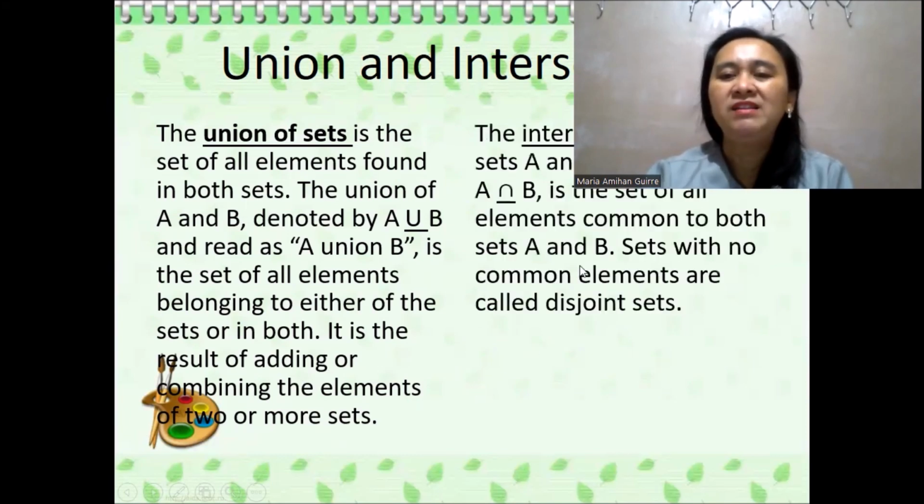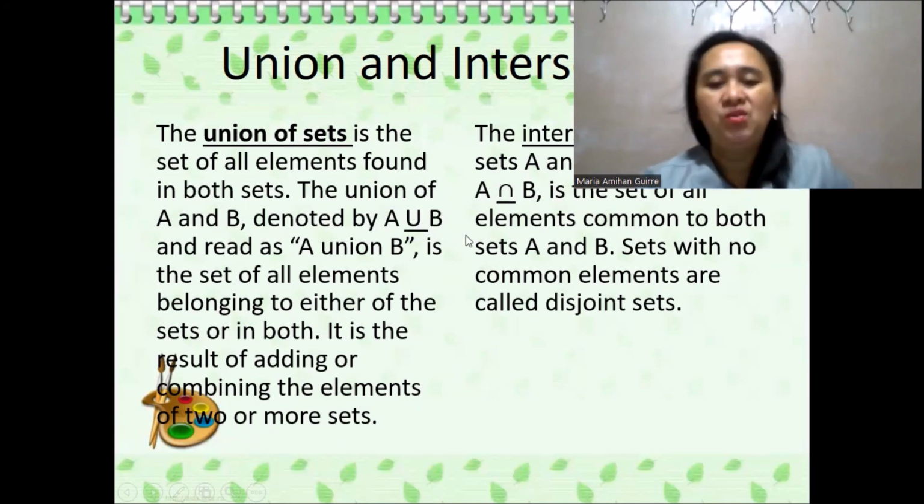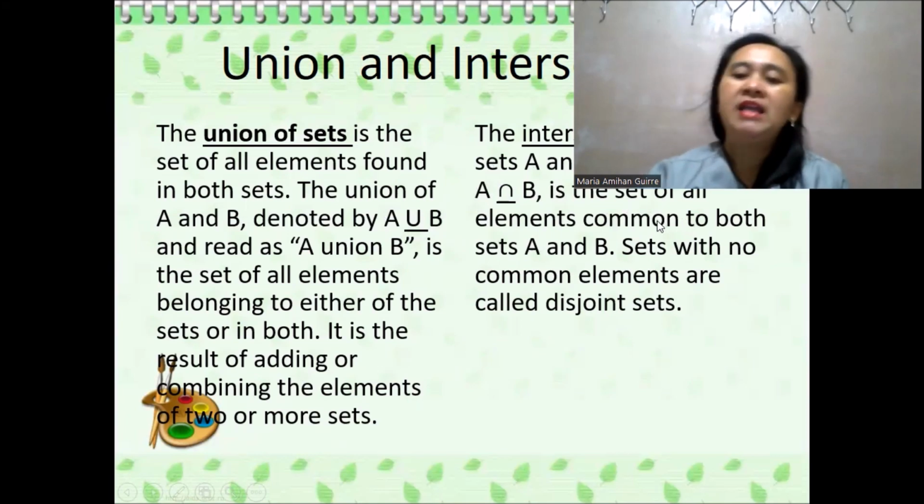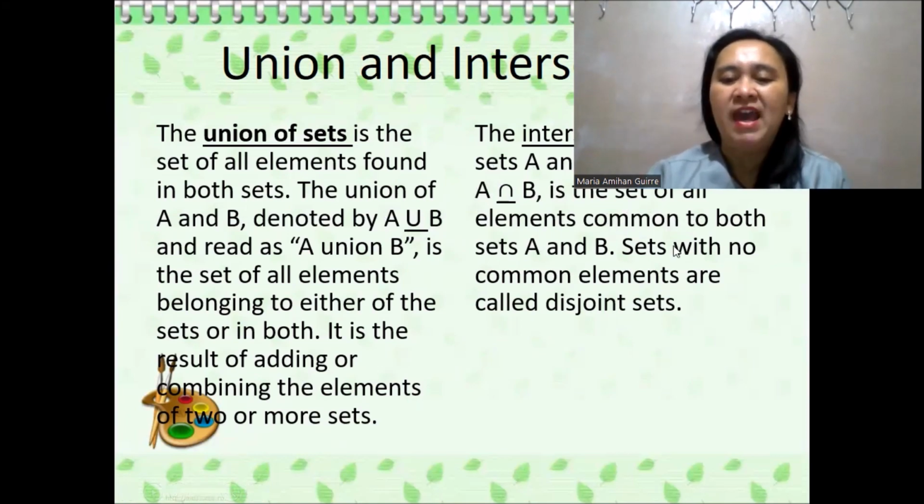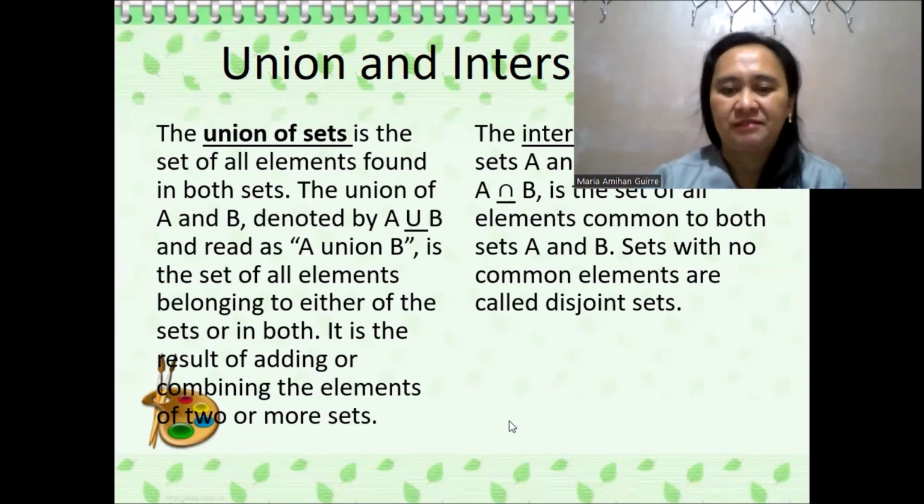While the intersection of two sets, denoted by this symbol, ito ang symbol ng union, ito naman ang intersection, inverse ng union, is the set of all elements common to both sets. And if sets have no common elements, they are called disjoint sets.